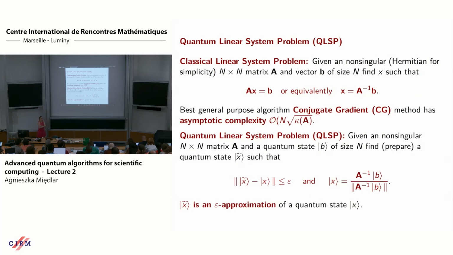And we have some tolerance epsilon that we're interested in. So x tilde will be called the epsilon approximation of the quantum state.